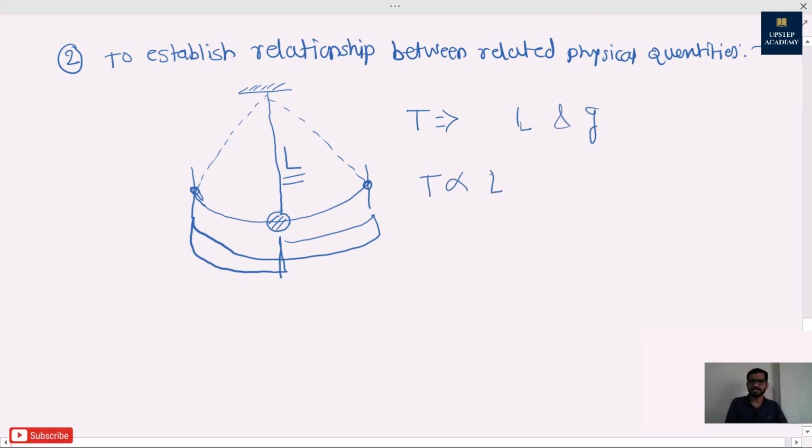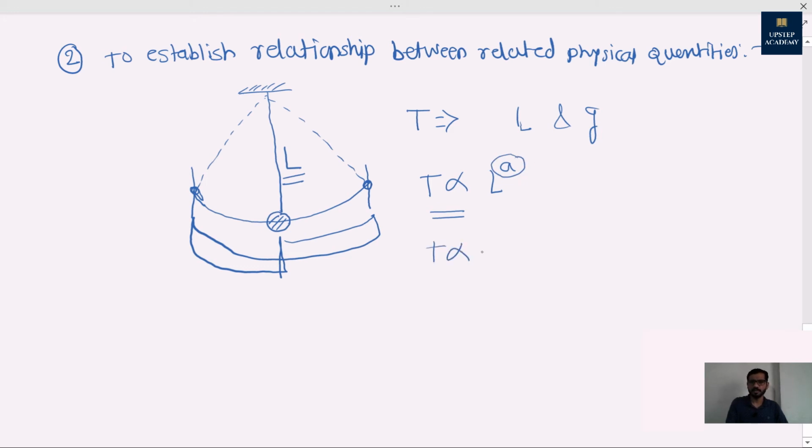So let's take T is proportional to L raised to a. Why is it proportional to the length of the pendulum? Because if we increase the length of the pendulum, the time period will also increase. That is why the time period is proportional to length. Let's take the power of L as a, which we need to find.